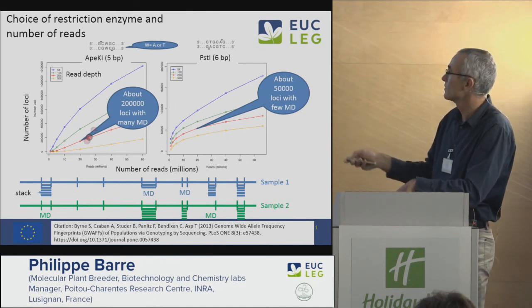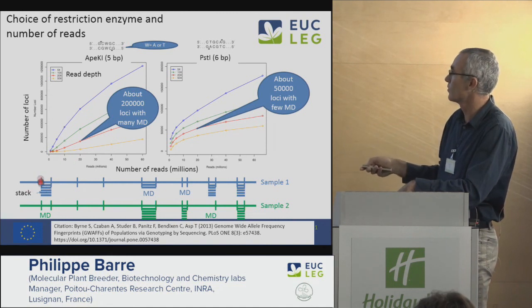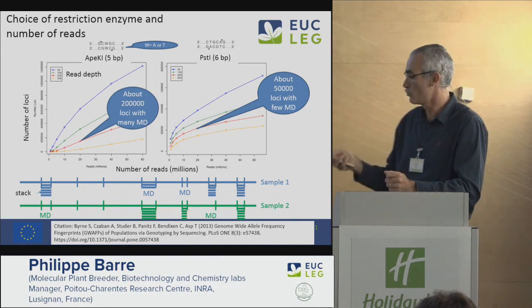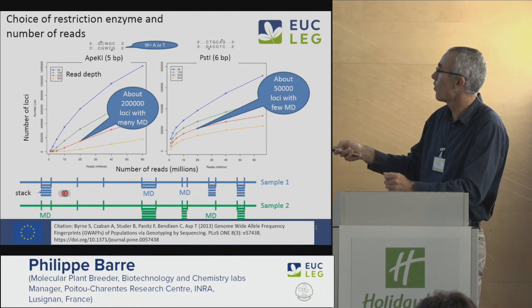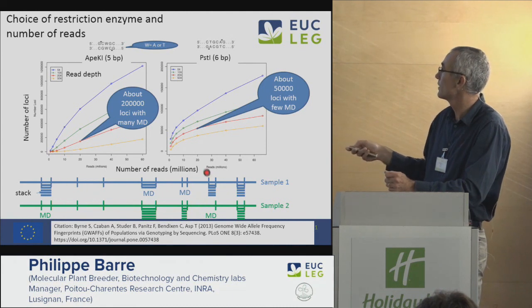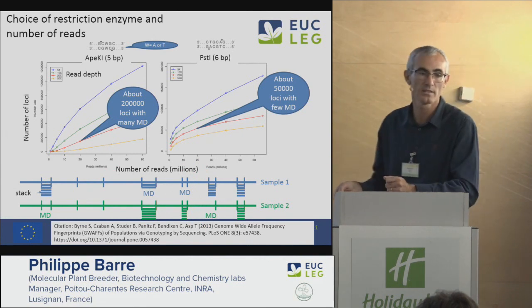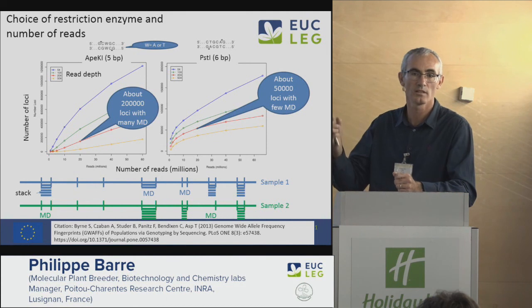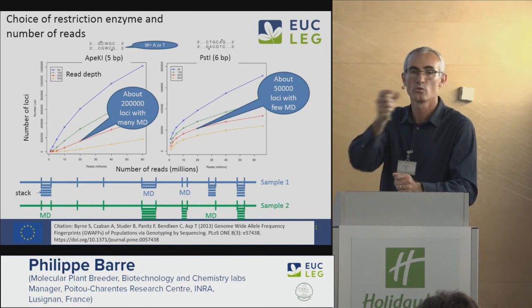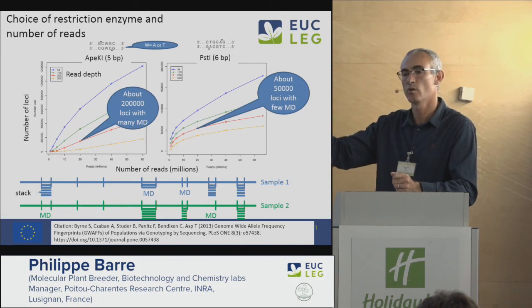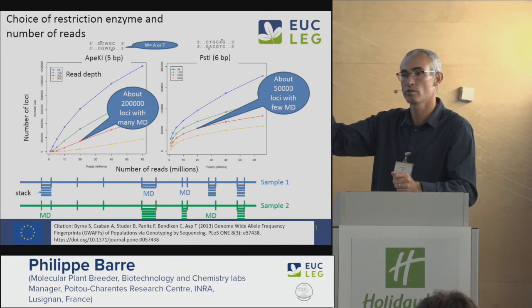So you have some loci with reads, but you don't have enough reads to put information on all the loci here and here. So at the end, if you do something like that, you will get a lot of missing data because you didn't get enough reads to cover all the loci where you have ApeKI restriction sites.